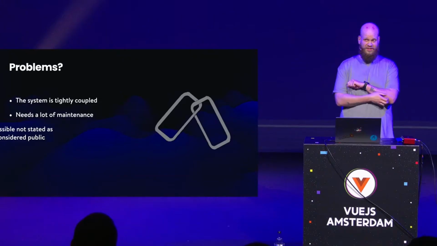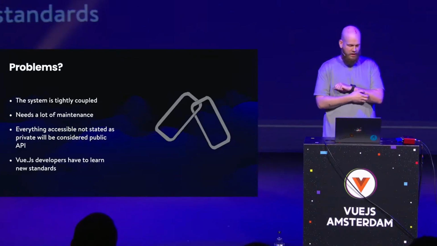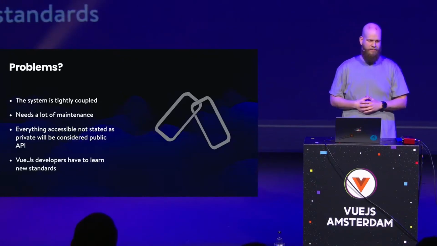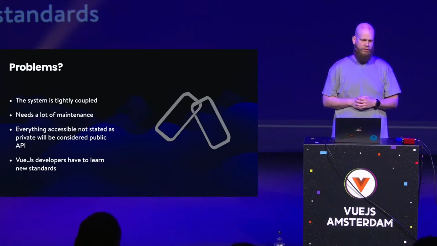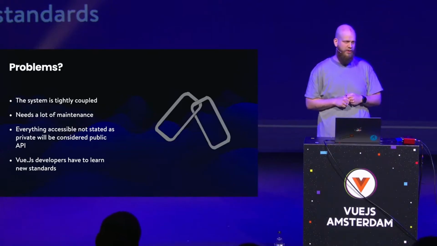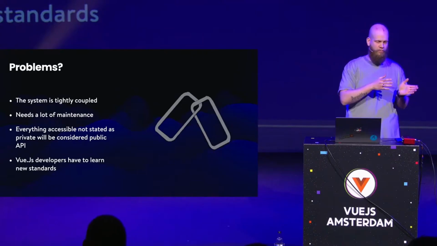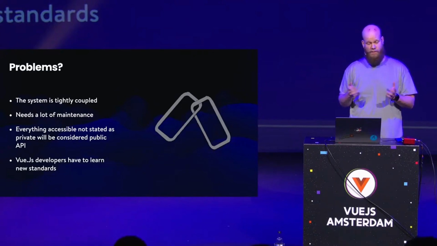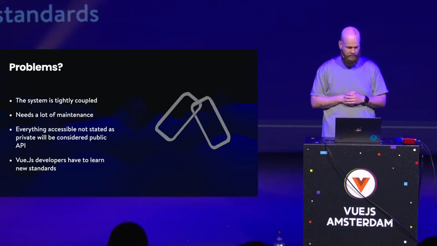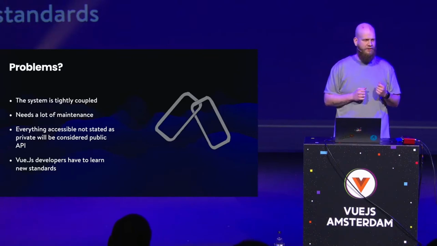Are there problems with the system? Yep. Every system has problems, I guess, but the most obvious one would be that the system is very tightly coupled. So if you override a component, we change the component, your override might not work anymore. And that's very unclear.